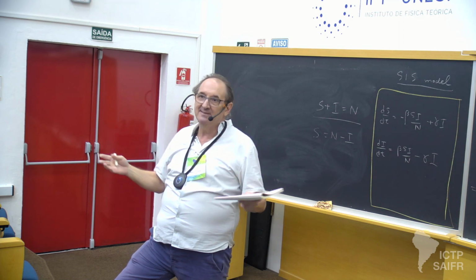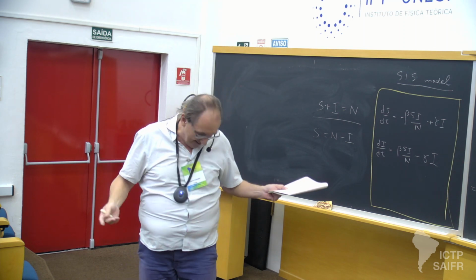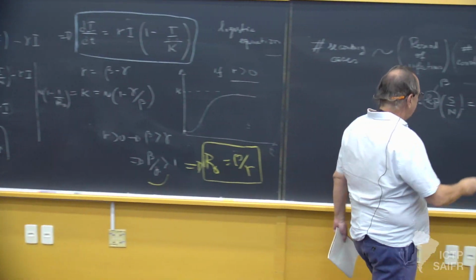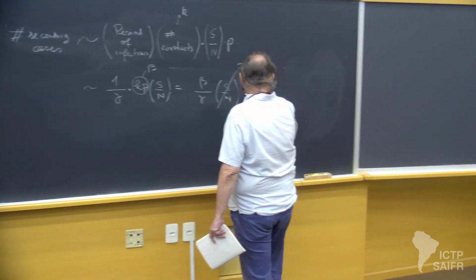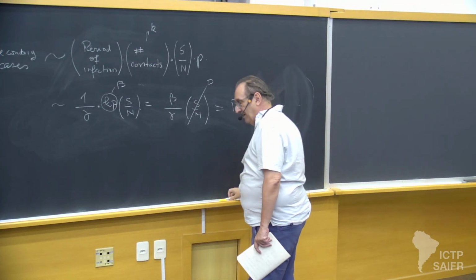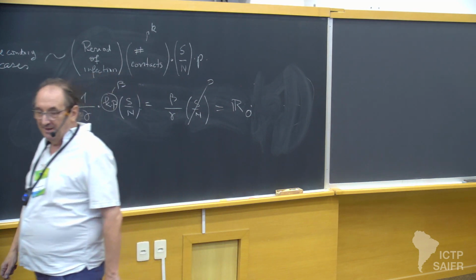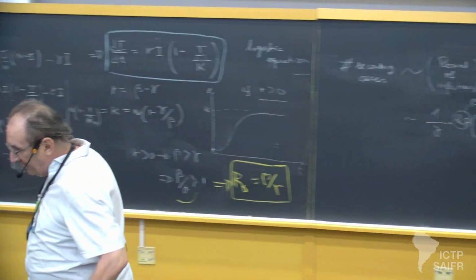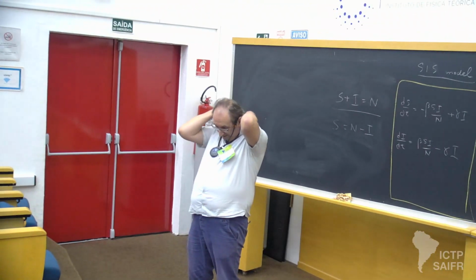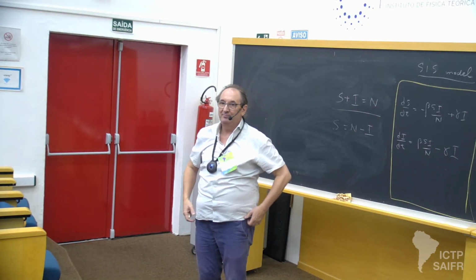So S over N is very close to 1. Okay? So this goes to 1. And this is our friend R0. So R0 is the number of secondary cases that a primary case will create.